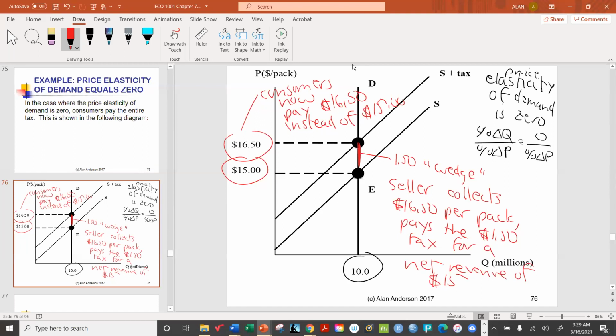So in other words, the entire $1.50 translates into a higher market price, which means that the consumer is actually paying the tax, all of it, because they are going to buy 10 million packs no matter what the price is in this case. Now, of course, that is an extreme case. It's not likely that it will work this way, but if it did, then they would end up paying the entire tax.